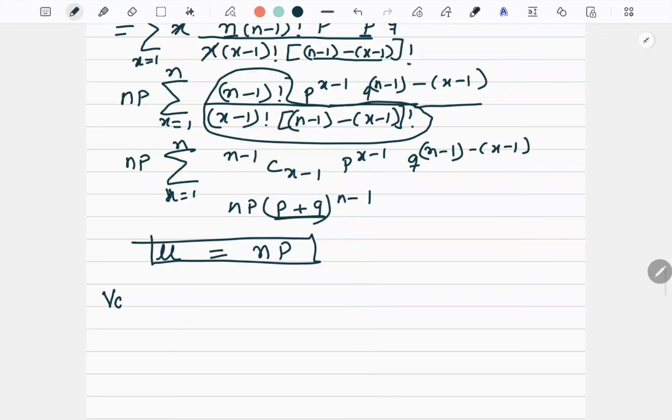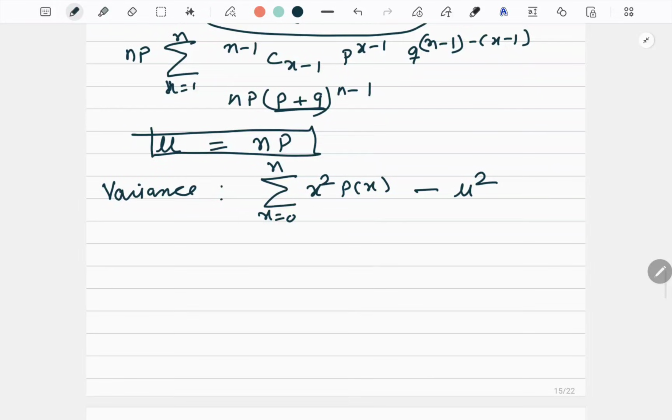Now we know that variance, what is the formula for variance of a probability distribution? Summation x is equal to 0 to n, x square px minus mu square. Correct? So now let us work on this. Now this x square I am modifying and I am rewriting it like this: x into x minus 1 px.